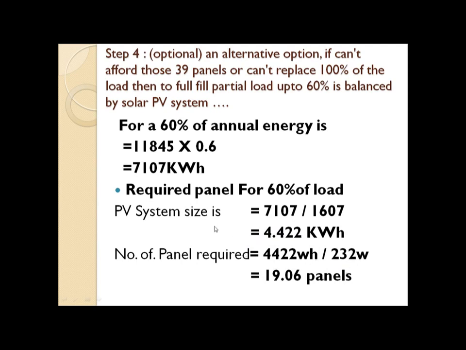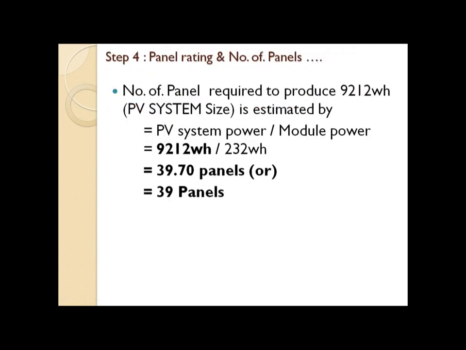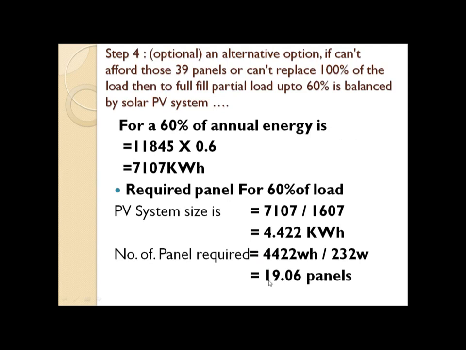Compared with the actual load of 100%, where we need 39 panels, if 60% of load is enough, we need 19 panels. So cost-wise it is efficient, battery sizing is reduced, and the inverter and all maintenance are easy to operate.